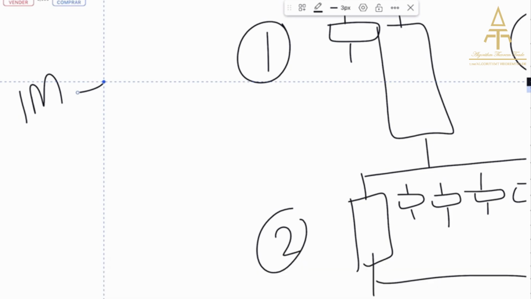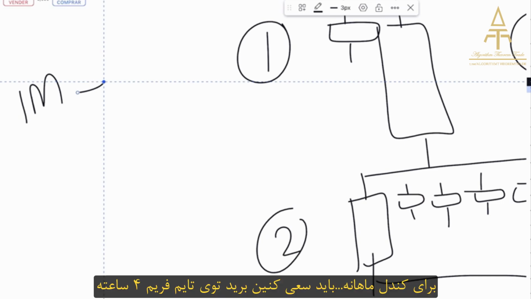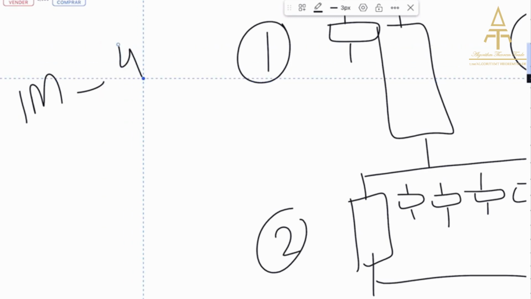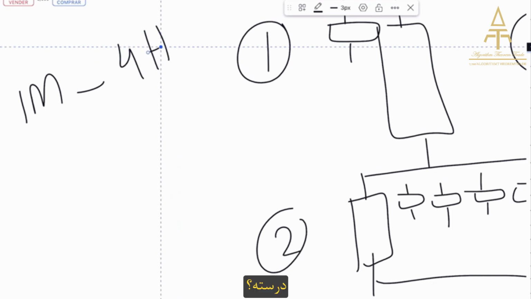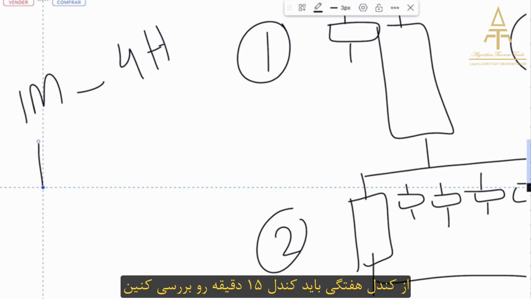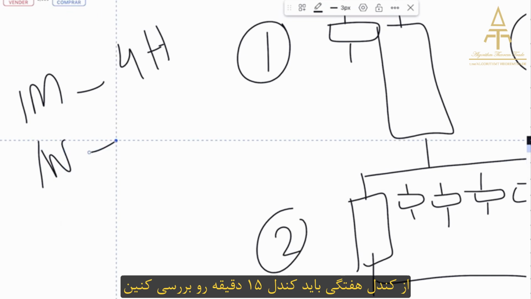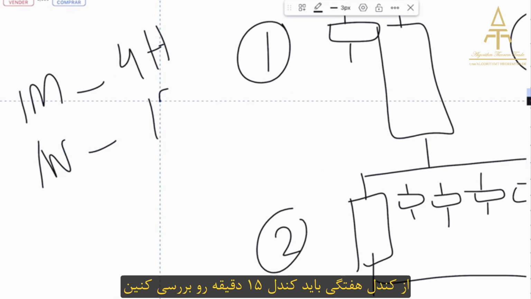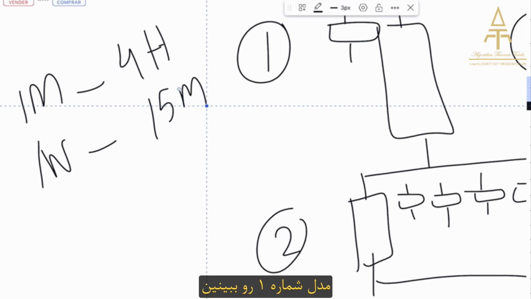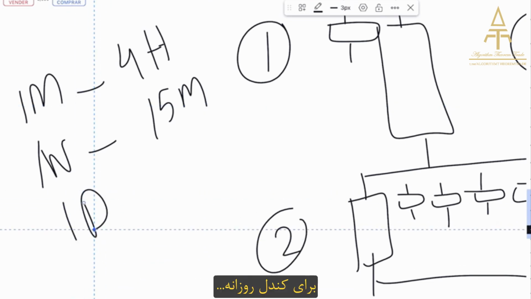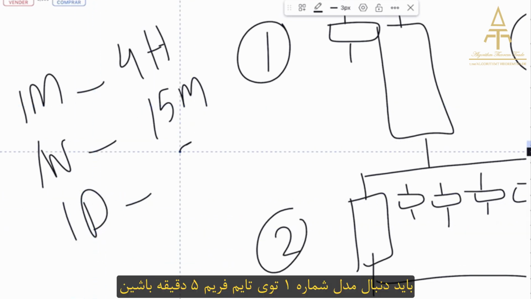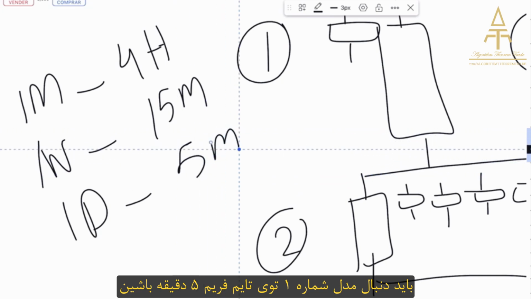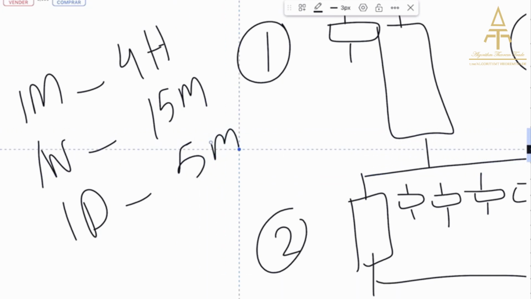Remember the entries? Model 1, breaker, and OTE, anchors of death. For the monthly candle, you're going to try and go down to the 4 hour and look for Model 1 over there. The 1 week, you're going to look down into the 15-minute Model 1. The daily candle, you're going to look into a 5-minute Model 1.